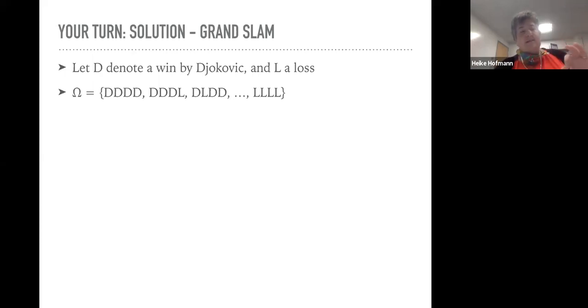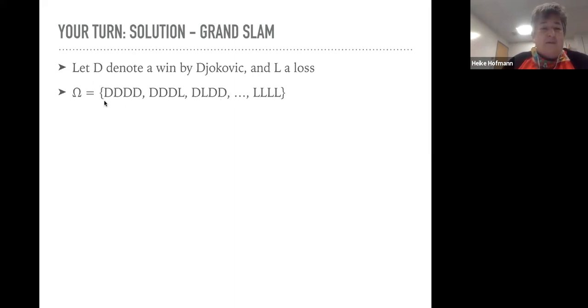So 4 Ds, that's the Grand Slam. Everything else is not the Grand Slam. So does it matter how many different outcomes we have? How many different outcomes do we have?